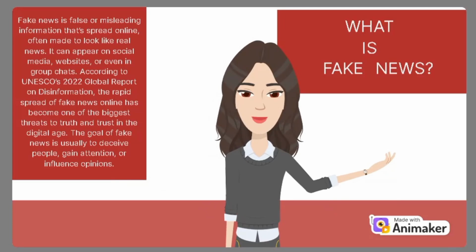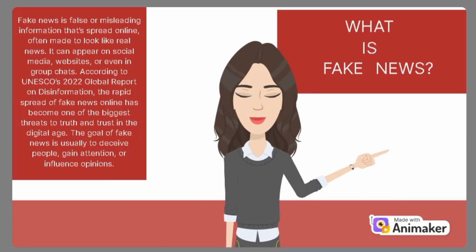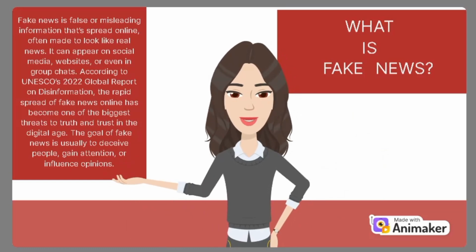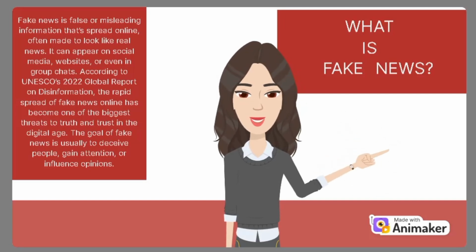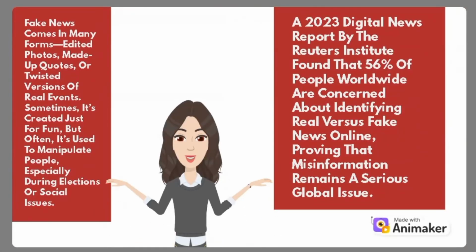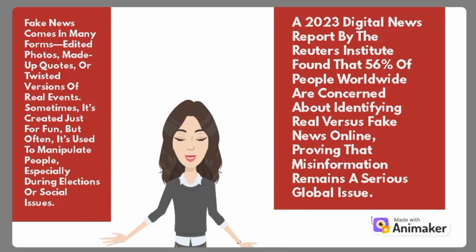According to UNESCO's 2022 Global Report on Disinformation, the rapid spread of fake news online has become one of the biggest threats to truth and trust in the digital age. The goal of fake news is usually to deceive people, gain attention, or influence opinions. Fake news comes in many forms: edited photos, made-up quotes, or twisted versions of real events.